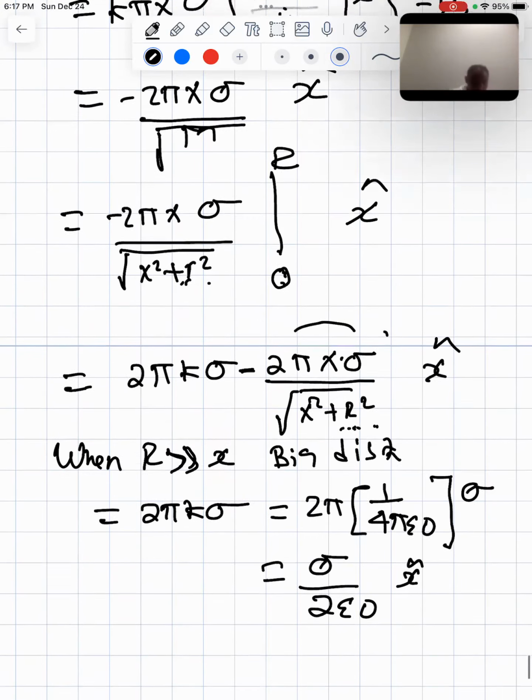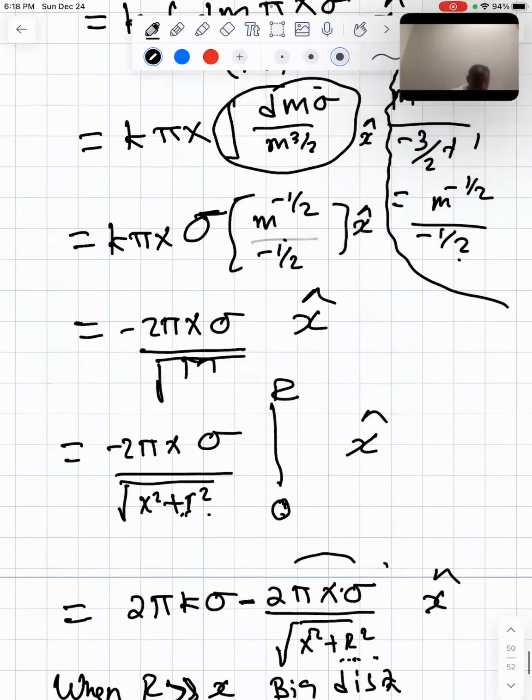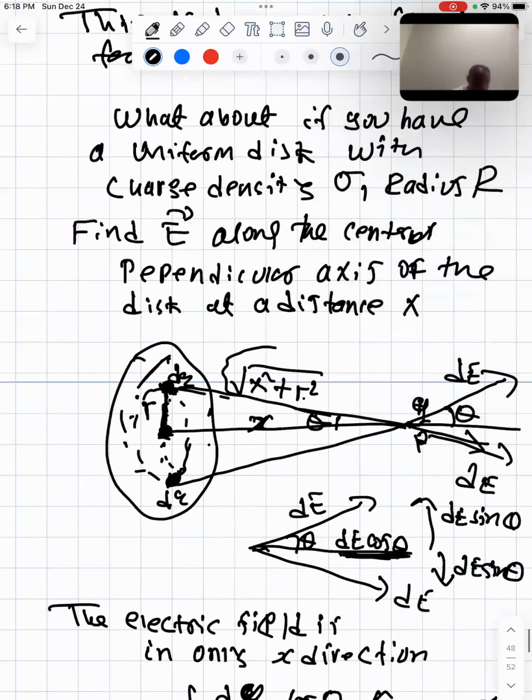So if you have a big disk, finally the electric field doesn't depend on the radius or distance; it depends only on charge density and epsilon. Epsilon is 8.85 times 10 to the power of minus 12. 1 over 4 pi epsilon is just k. So this is how you find the electric field for a continuous system.